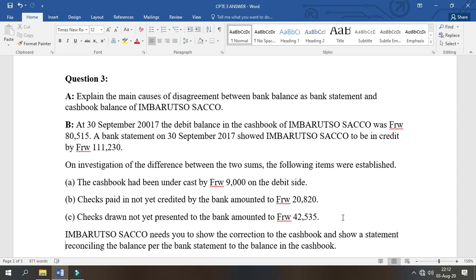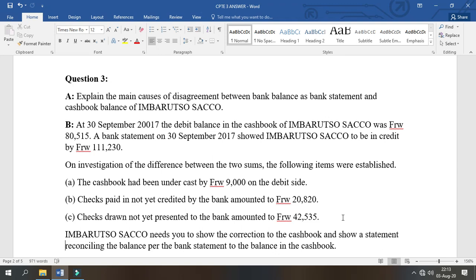C. Checks drawn not yet presented to the bank amounted to Rwandan franc 42,535. So Imbalto Sako needs you to show the correction to the cash book and show a statement reconciling the balance as per bank statement to the balance in the cash book.